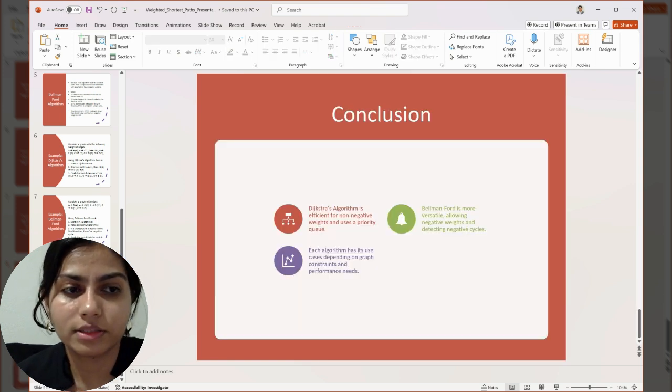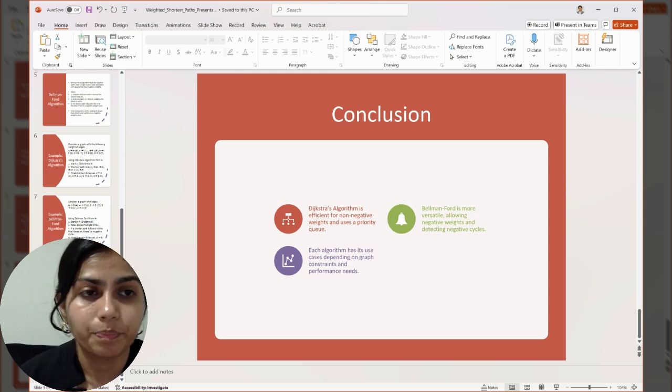As we already talked about Dijkstra's and Bellman-Ford algorithms, in conclusion, both are essential for finding shortest paths in weighted graphs.